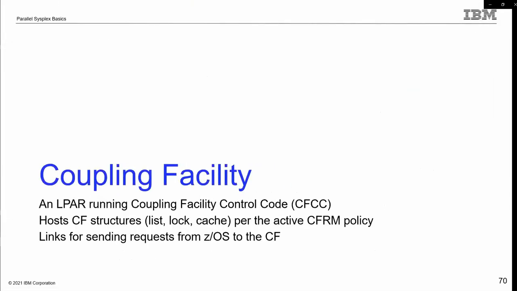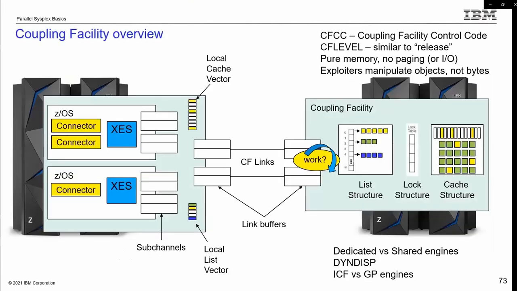All right, let's talk about a major component of a parallel Sysplex, the coupling facility. So let's talk about how data sharing works between z/OS images by using the coupling facility. On the left here, we have multiple z/OS systems that are nodes in the Sysplex.